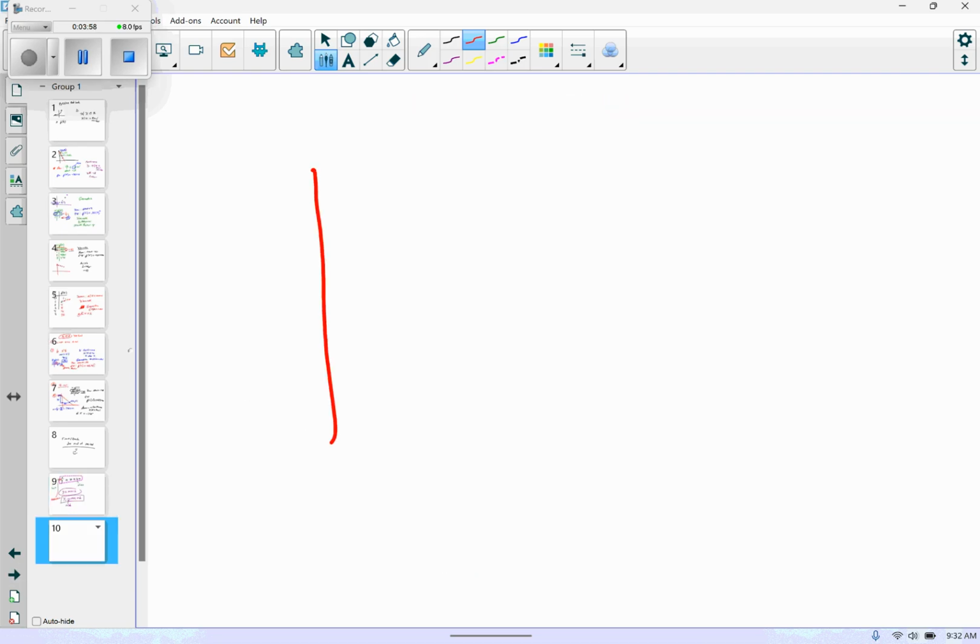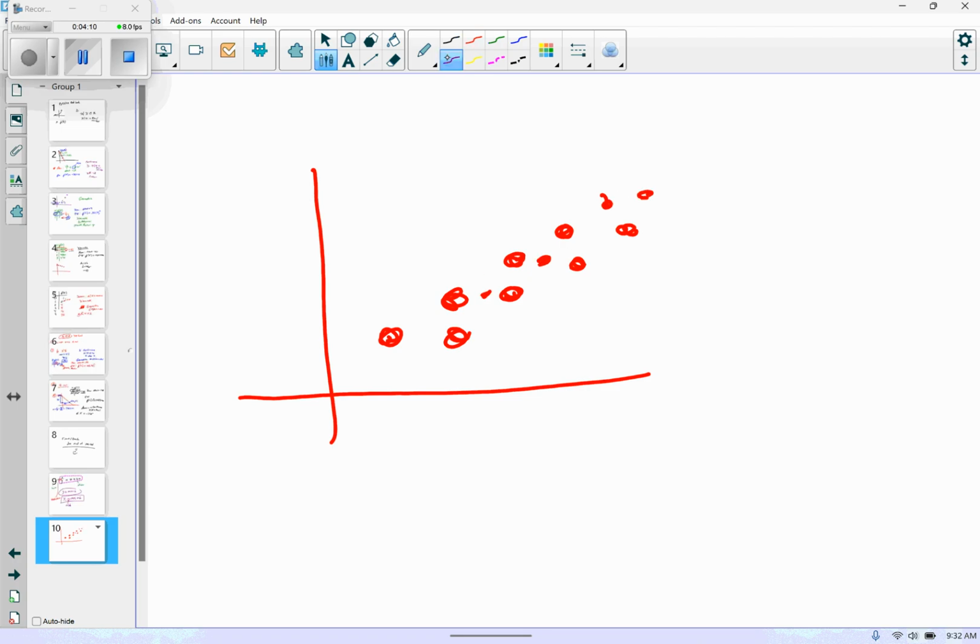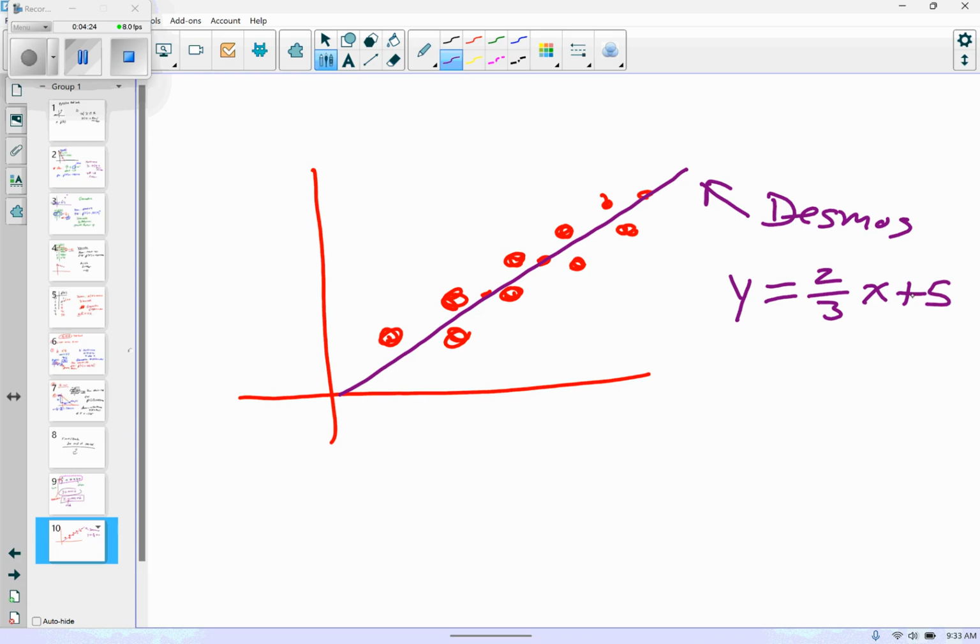If I had data, and I'm going to make these points really big. If we had a line of best fit, and let's say we use Desmos to find this line, we find that this is maybe y equals 2/3 x minus 1 or something like that.